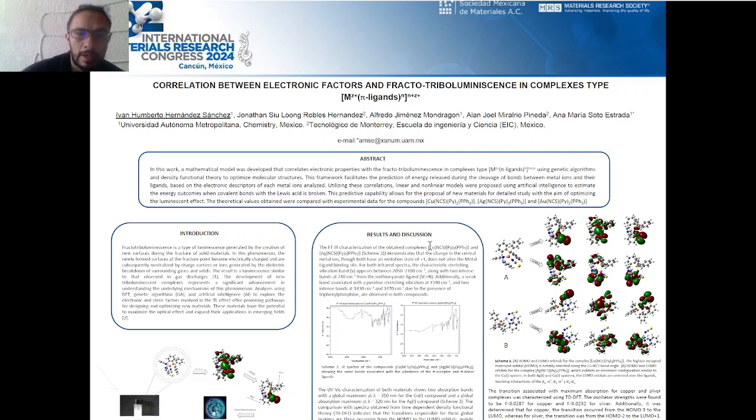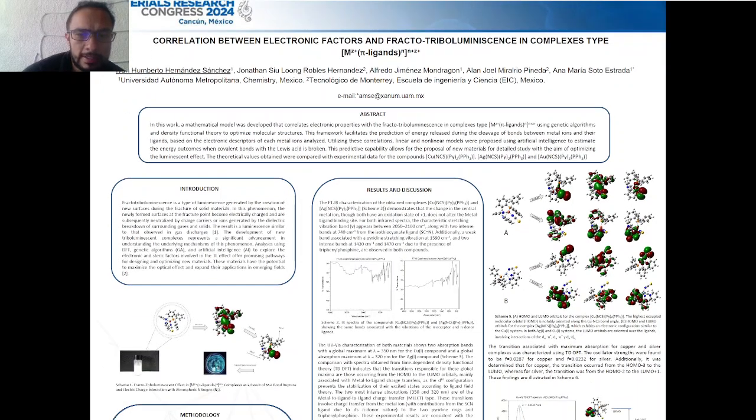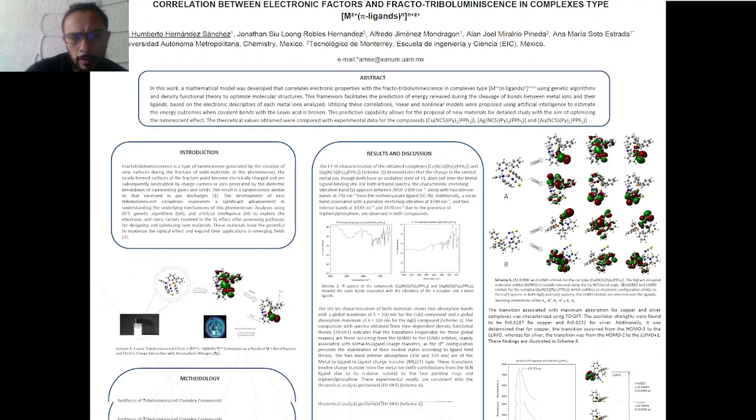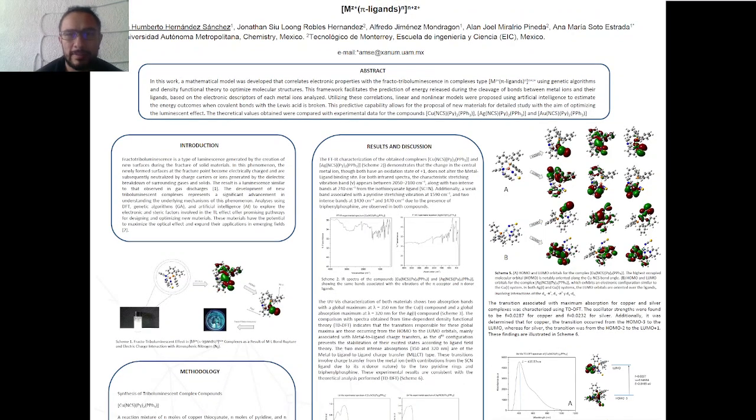Okay, so to start, in this study we want to analyze the phenomenon of fracto-triboluminescence because it can have different kinds of applications, for example engineering applications. Fracto-triboluminescence is a type of luminescence generated by the creation of new surfaces during the fracture of solid materials.